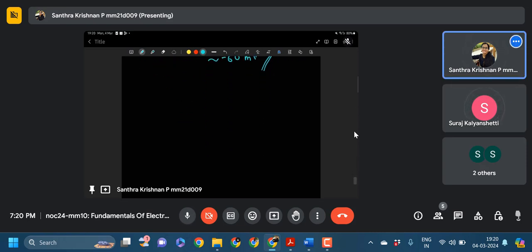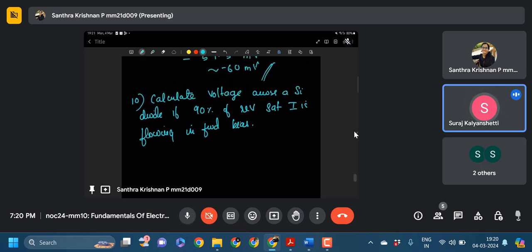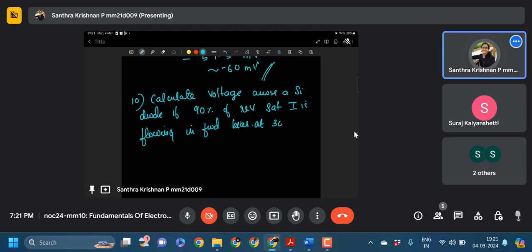In the 10th question, they have asked: calculate the voltage across a Si diode if 90 percent of the reverse saturation current is flowing in forward bias at 300 Kelvin.